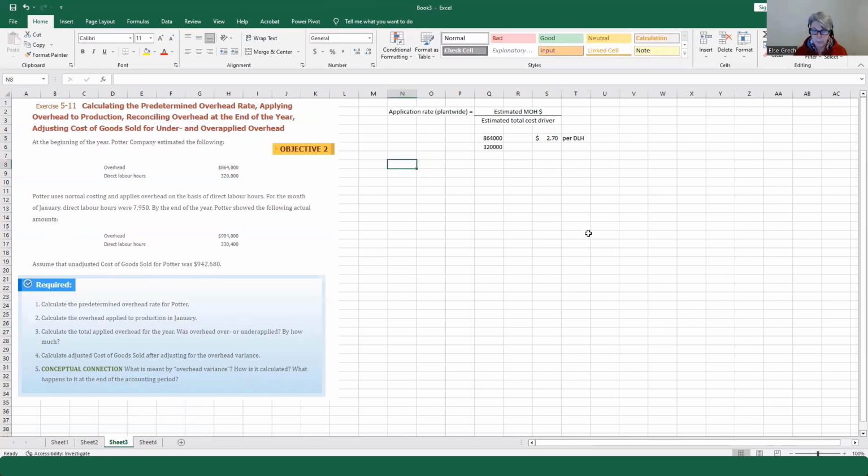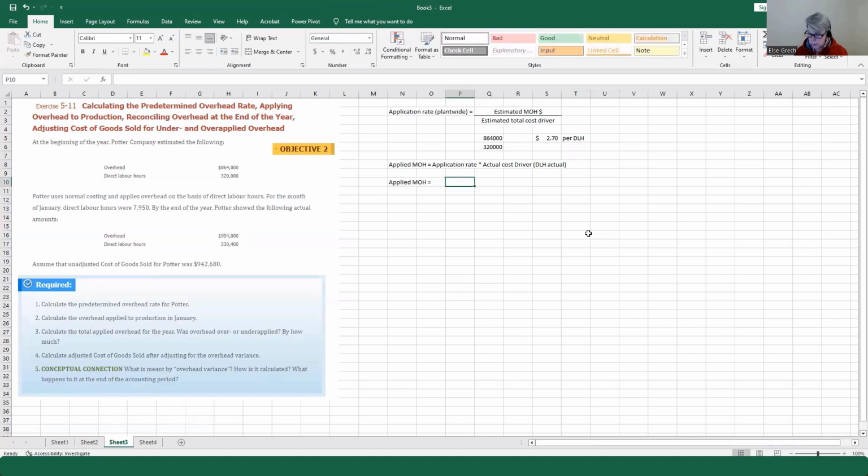Calculate the overhead applied to production in January. So remember, when we look at applied manufacturing overhead, what do we do? We take the application rate and we multiply it by the actual cost driver. So in this case, the actual cost driver, of course, is direct labor hours actual. So now we know how to do this. We're going to do the applied manufacturing overhead.